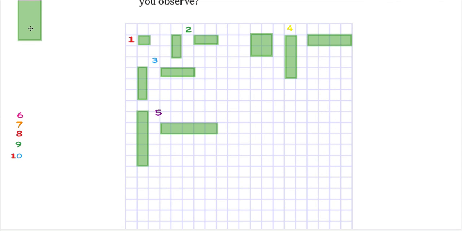And the number 6, that's 6 squares. We can do a 2 by 3 rectangle, which is one possible combination. Another possible combination would be to get that 2 by 3 rectangle and let it stand up. Again, we still have 6 squares there.